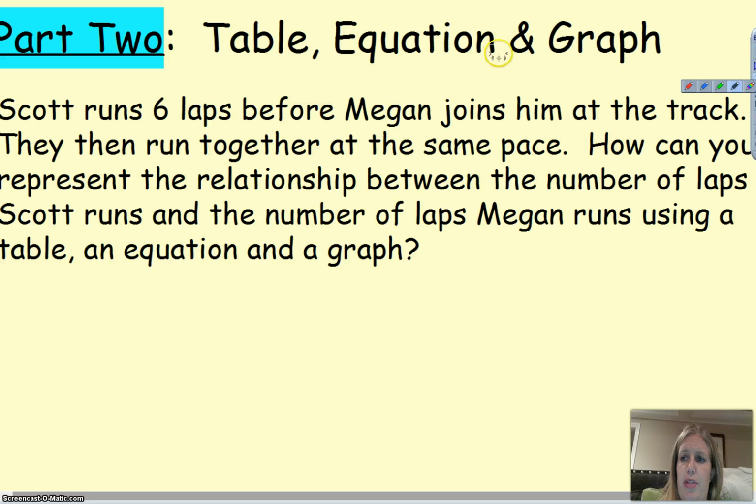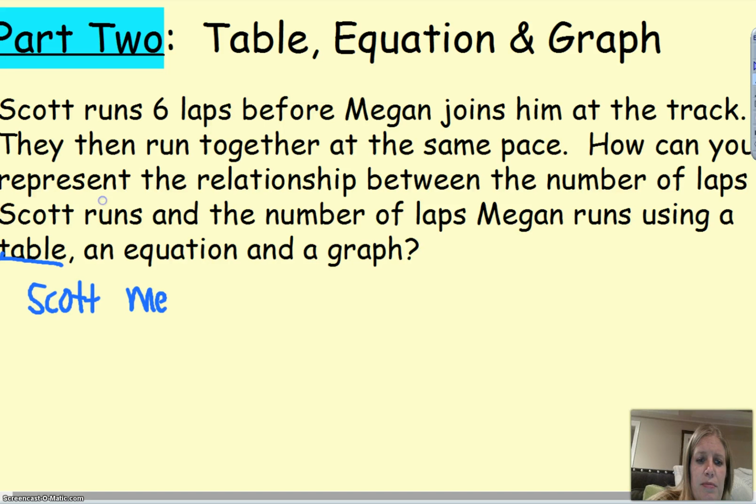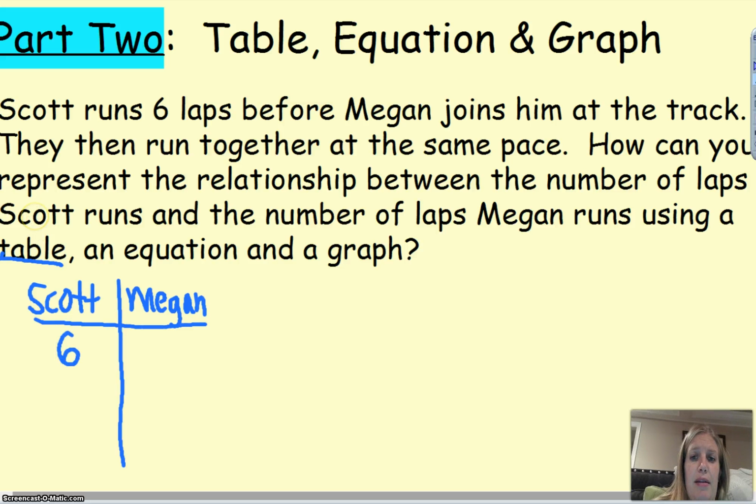Okay, so let's start. We'll do part 1, table. Okay, so we have Scott and we have Megan, so let's write Scott here. We're making a table. So Scott runs 6 laps before Megan joins him at the track. So Scott already has 6 laps and Megan has 0 laps.